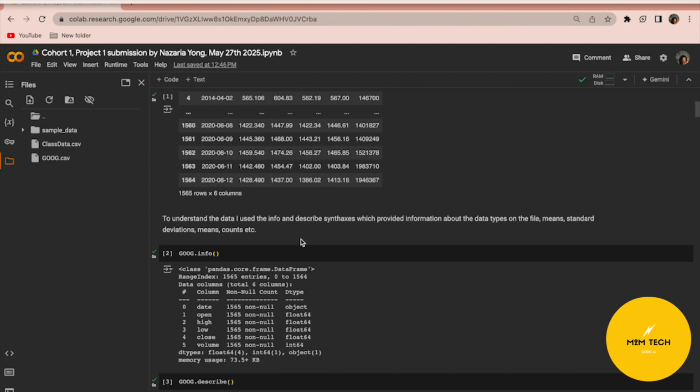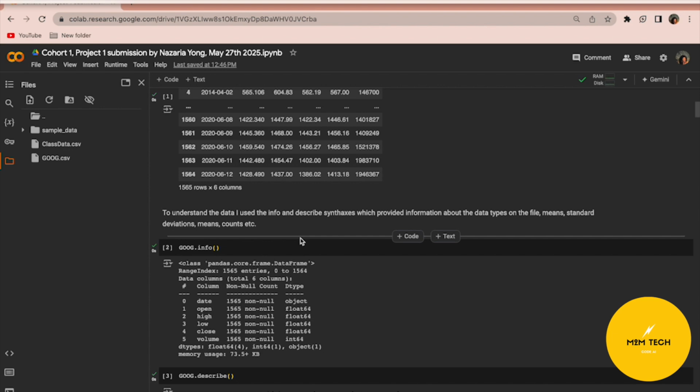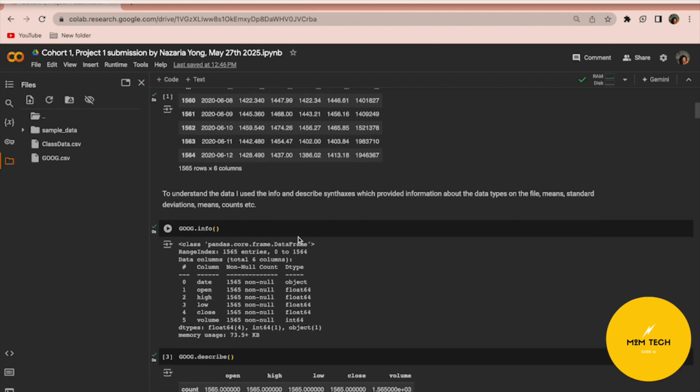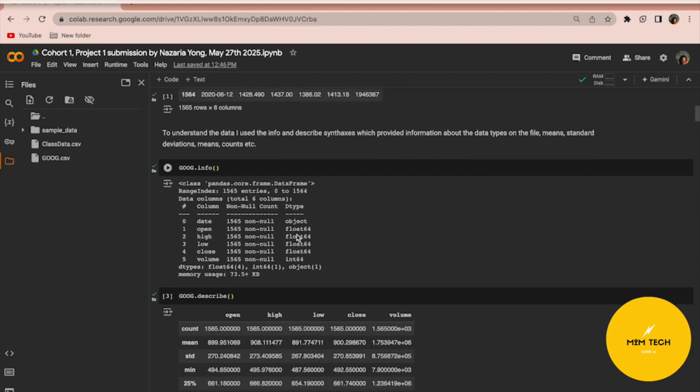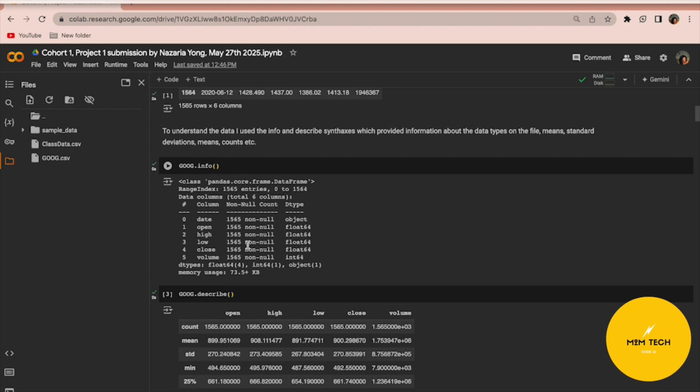To understand the data a little bit further, I used the describe and info functions as follows, and here are the results that I got from the info. It provided me with the data types. So the date has the object data type, and the open, high, low, close stock values have a float data type, and the volume had an integer.